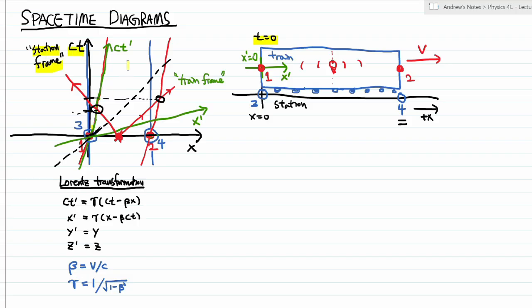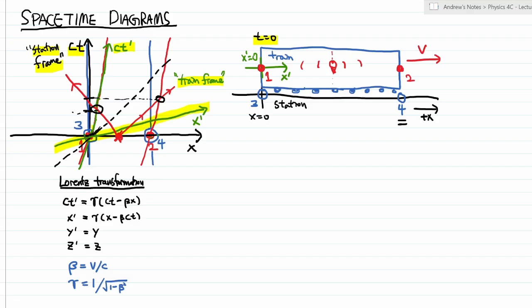Now, if I want to read off their train frame coordinate, their ct prime coordinate, these horizontal dotted lines I've drawn, I can't use those. Those dotted lines represent points where t is constant, not necessarily ct prime. To find the set of points where ct prime is constant, I need to find the points that are parallel to the x prime axis.